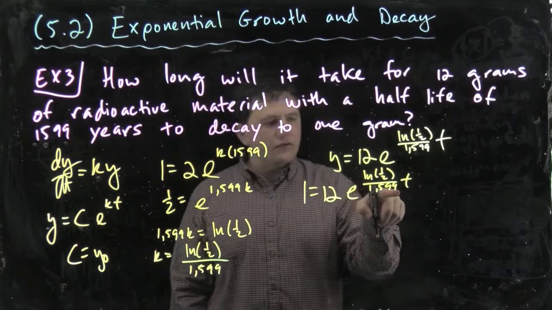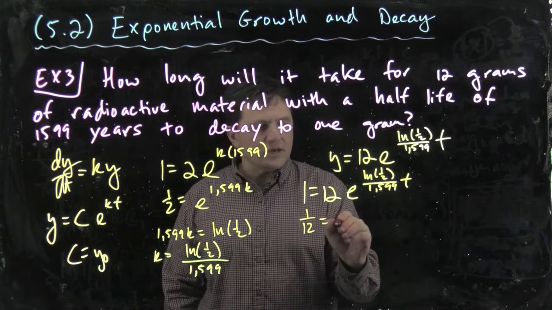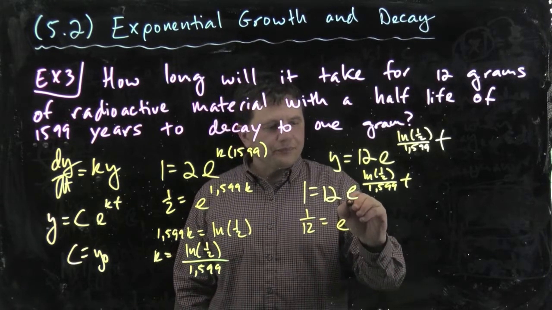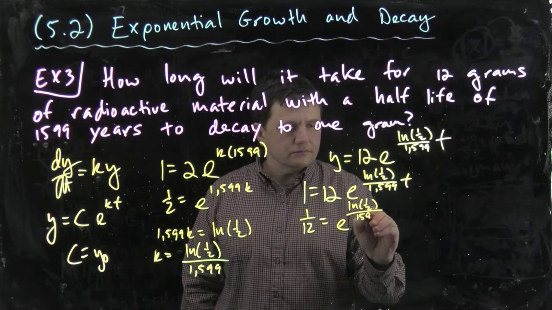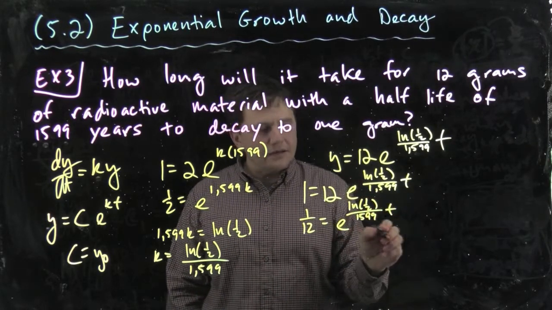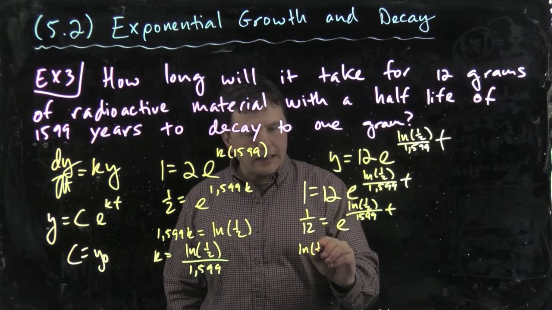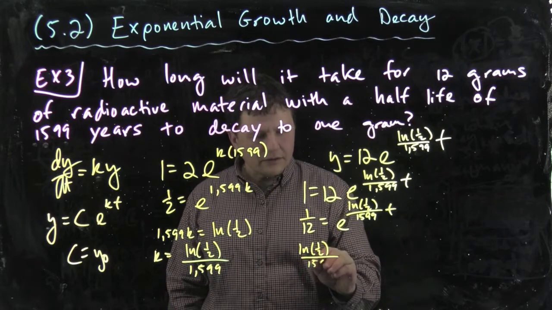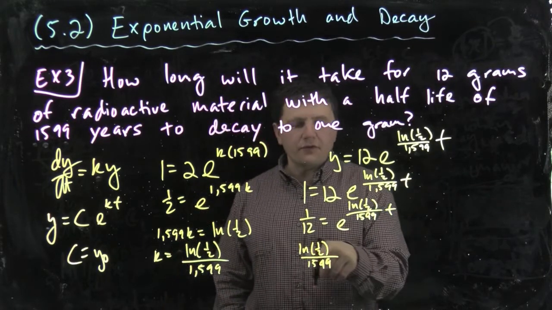So to solve this, first of all, I want to divide by the 12 on this side, so we get 1/12 is equal to e to the k t. And now to get this down, we're going to take the ln. We have our k. And if you get sick of writing this, it can be a little tedious. Feel free to calculate this.